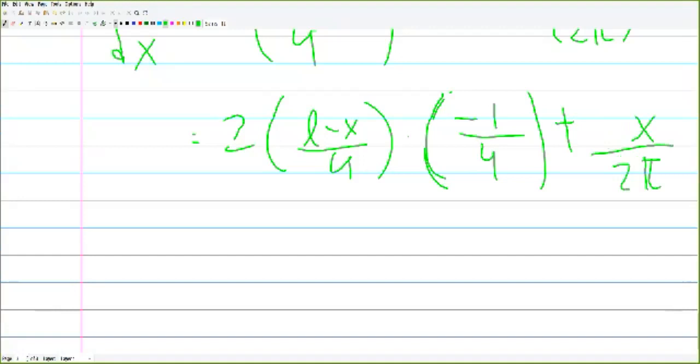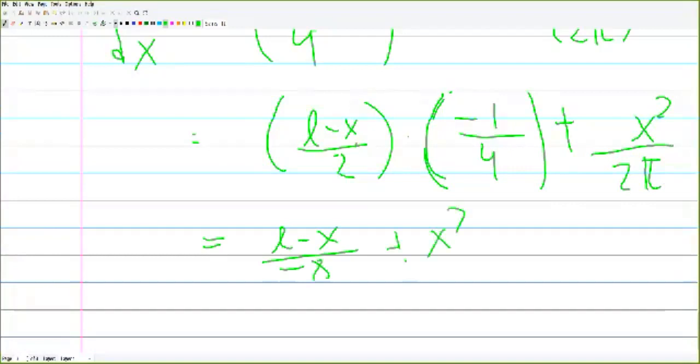So it's x squared over 2 pi. Good, cancel and cancel. So it will be 2 times 4 is 8. Okay, so this is going to be what? L minus x over negative 8, plus x squared over 2 pi.